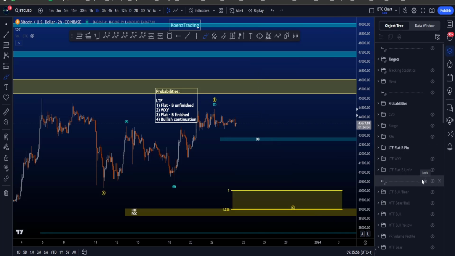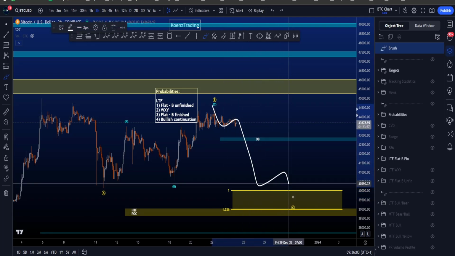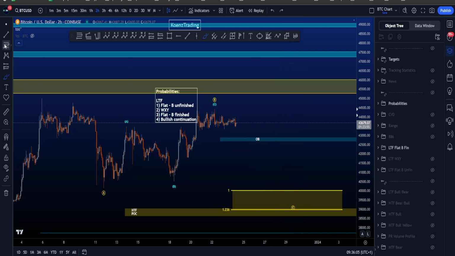And only then comes the most bearish scenario where we are looking for a wave 3 to the downside, 1, 2, 3, and then eventually a 4 and a 5, in then a bigger wave C where the support down here between 38.6 and 39K is very interesting.